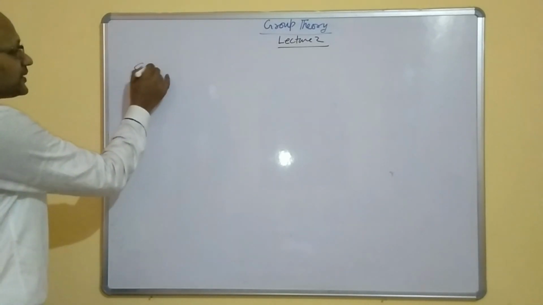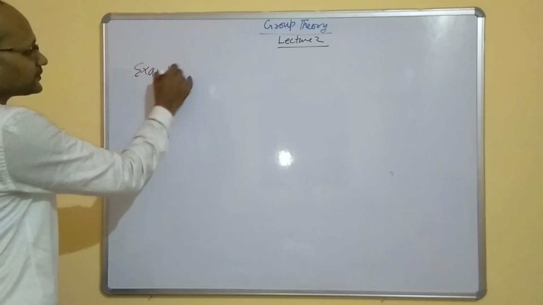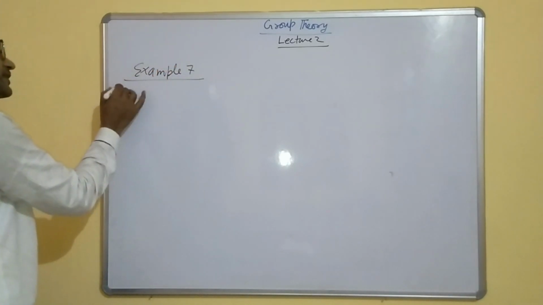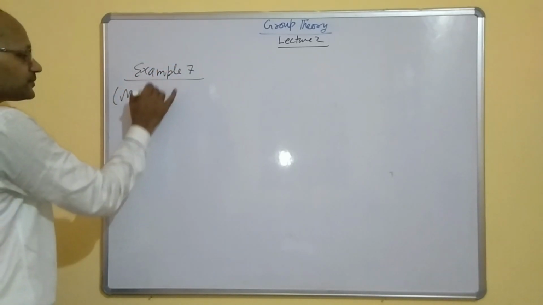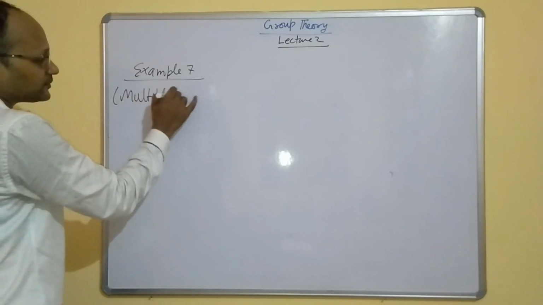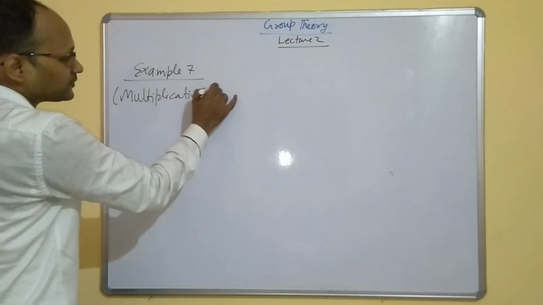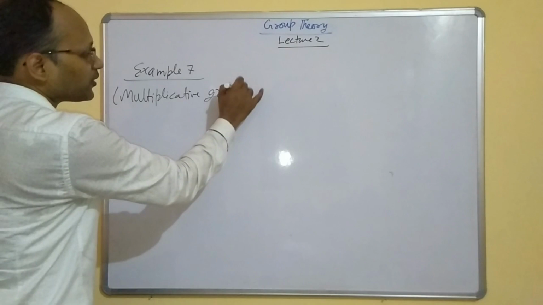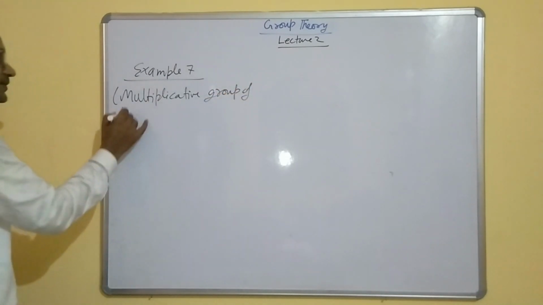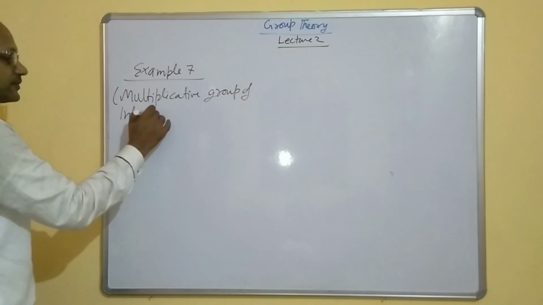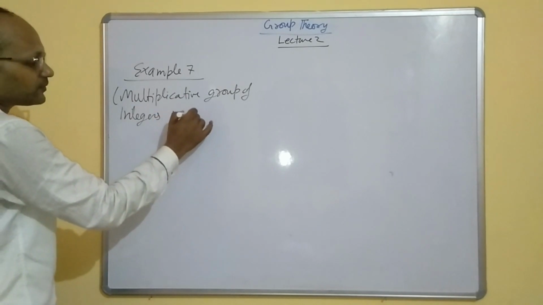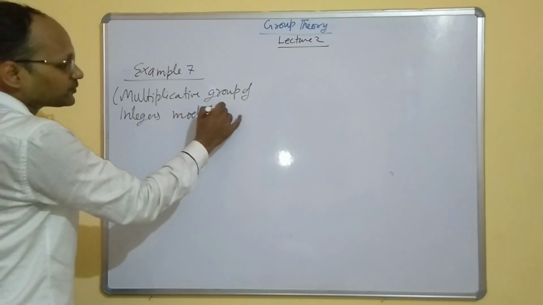Now coming to example number 7. This is the multiplicative group of integers modulo n.